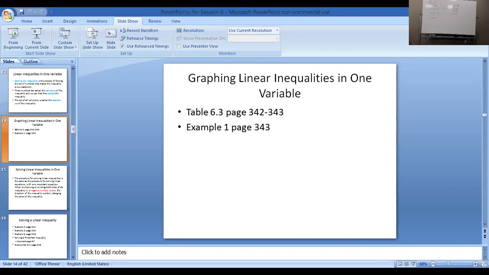The second one, number B: for all x, where x is a real number greater than or equal to -1. On the number line, I find -1. Should I make it empty or solid? Solid dot. Why? Because it's equal, and it says greater than or equal. So I go this way, to the right, to positive infinity.